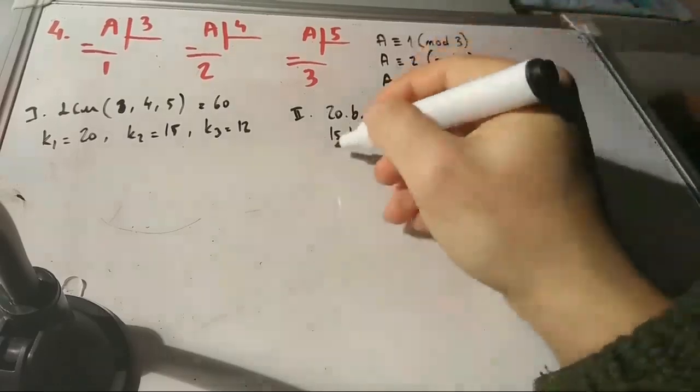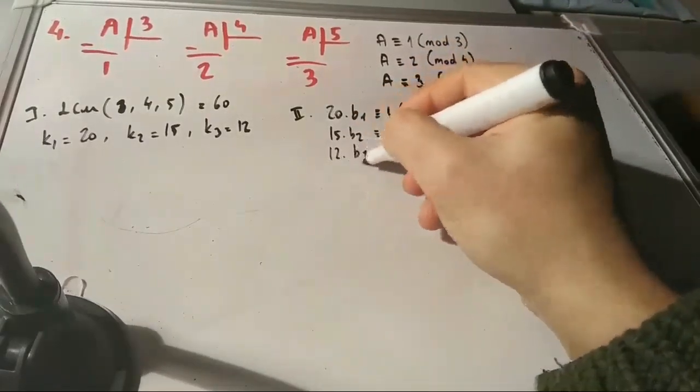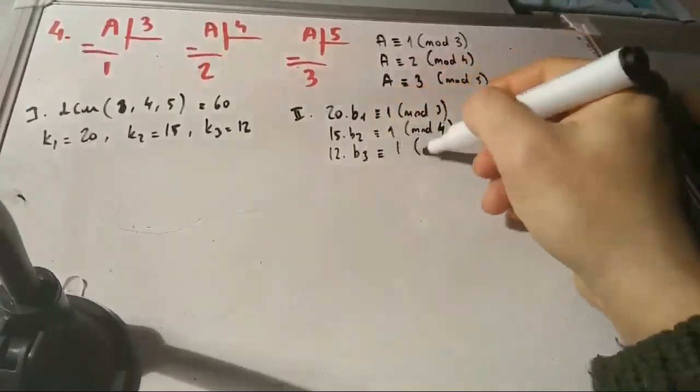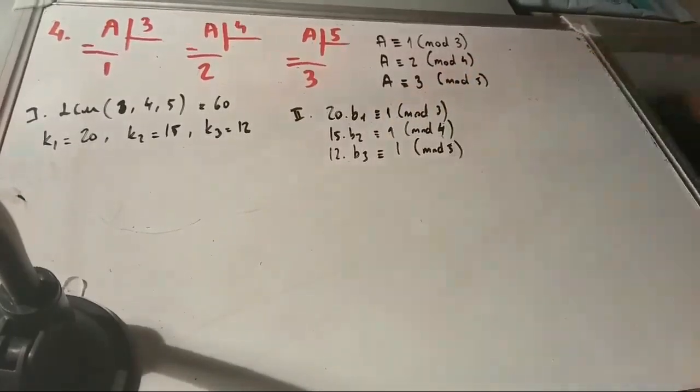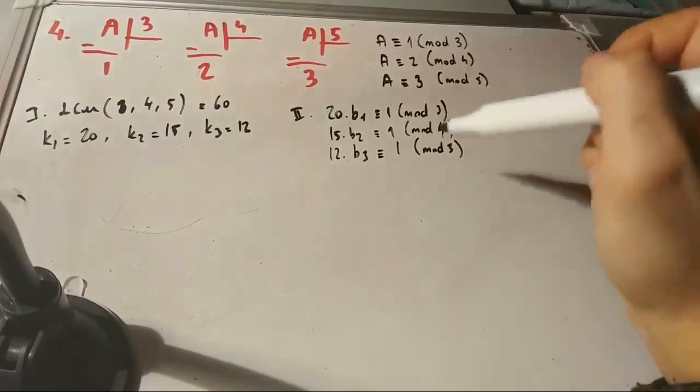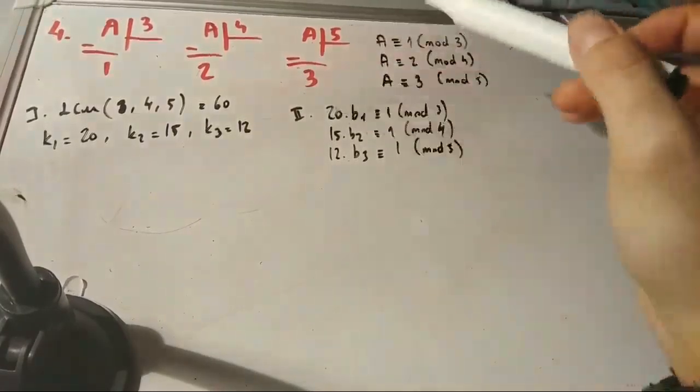And 12 times B3 is congruent to 1 in mod 5. Okay. Just tell me, 20 divided by 3, what is the remainder?